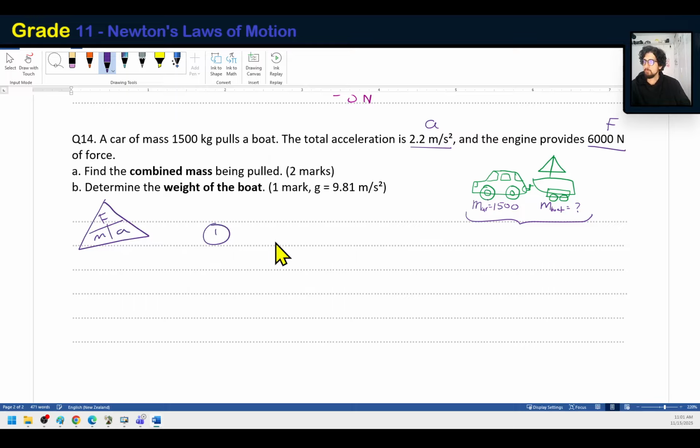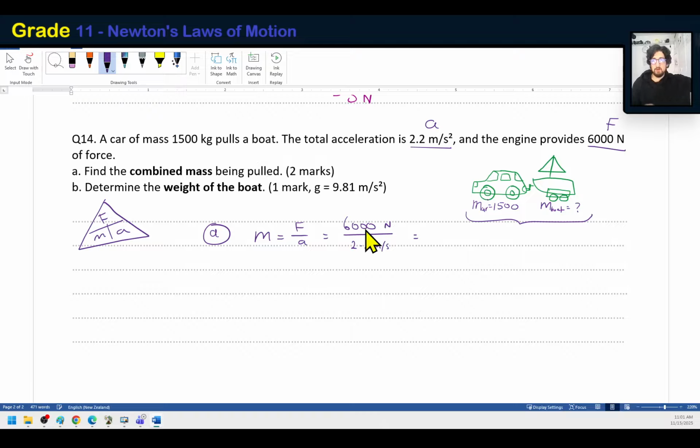So step one, let's find the combined mass, which is part A. So mass is equivalent to force over acceleration, which is going to equal 6,000 newtons over 2.2 meters per second squared. And that equals approximately 2,700.